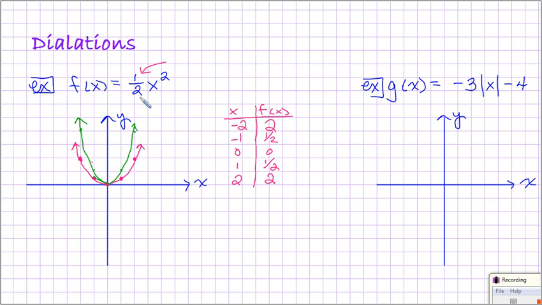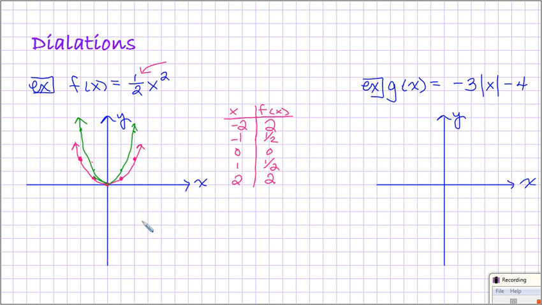And that's what's going to happen if you have a 1/2 or something less than 1, some fraction, in front of your parent function. It's going to be a little bit flatter.